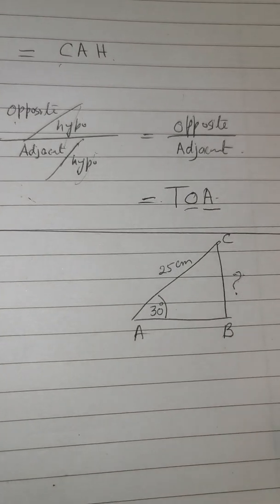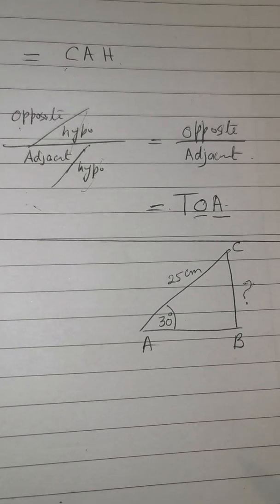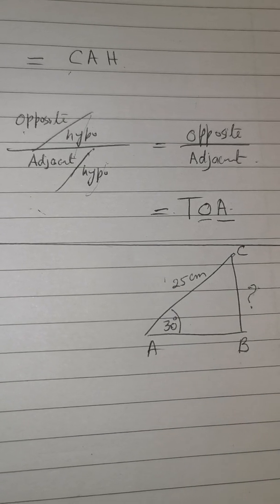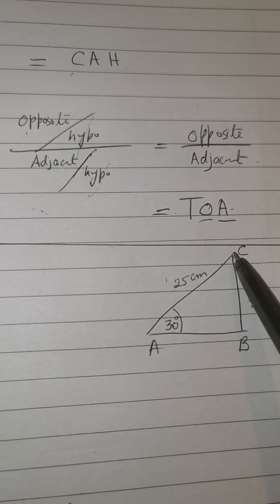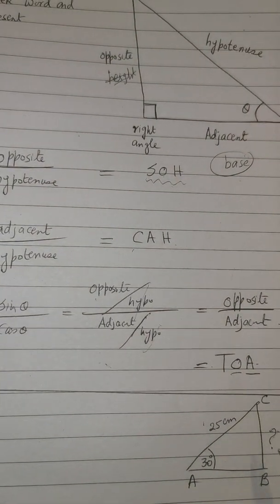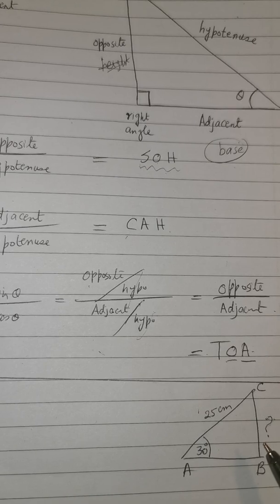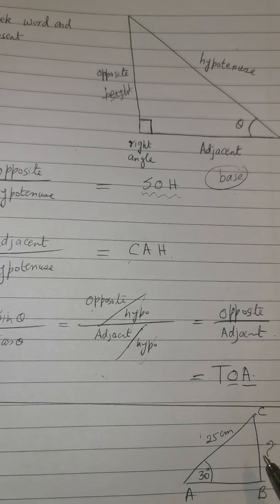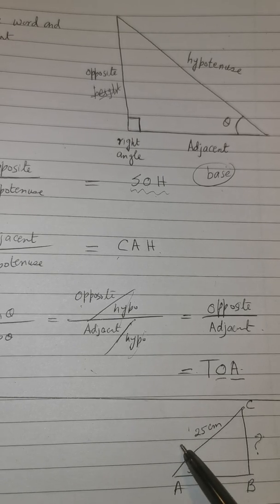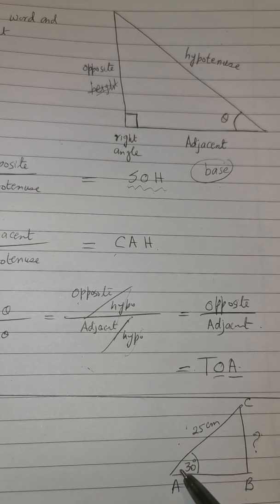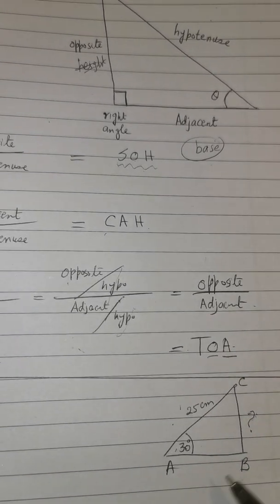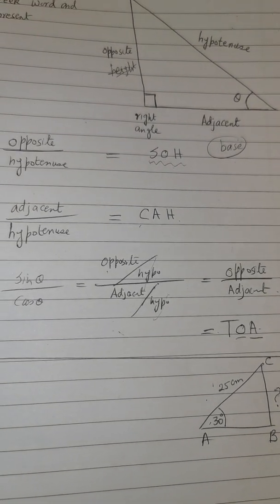Keep in mind how we can find the value. Theta is given and the hypotenuse is given, and we want to find the value of this side, which is the opposite of theta, so it is called opposite here, right? So what formula will you use?